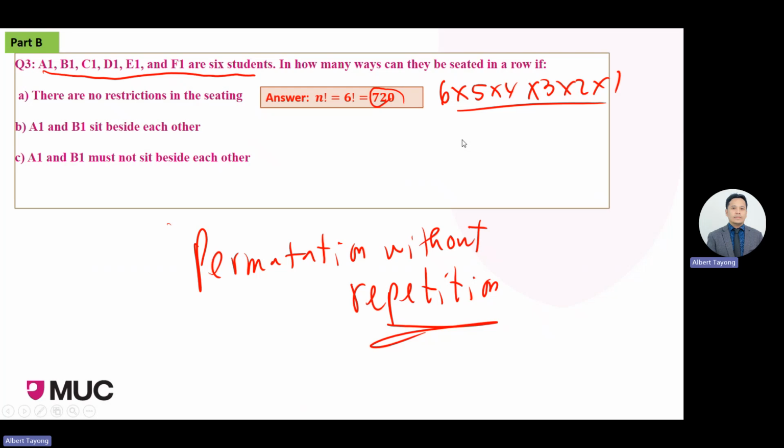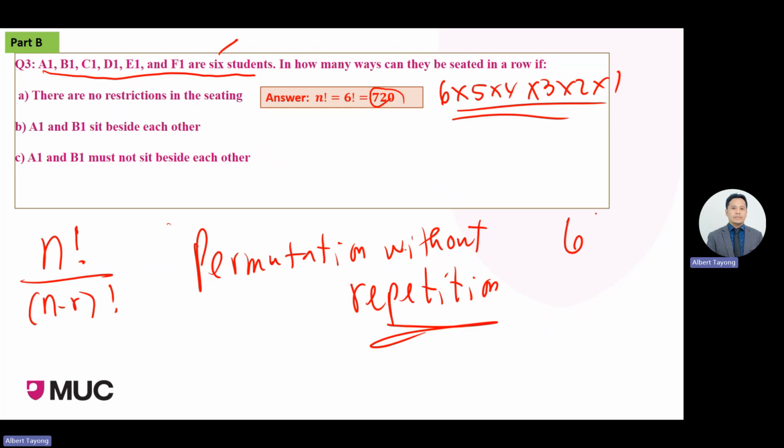Actually, you can also use the formula for permutation without repetition. But for small numbers like 6, we can just use the factorial directly, or you can use n factorial over n minus r factorial. It will be the same 720. This formula is the formula for permutation without repetition.